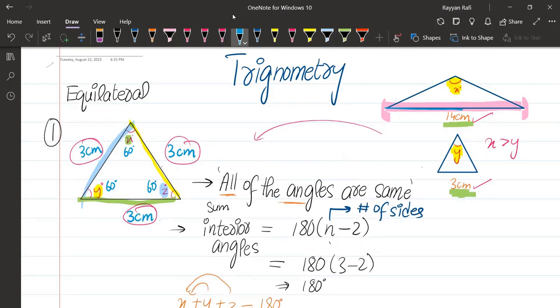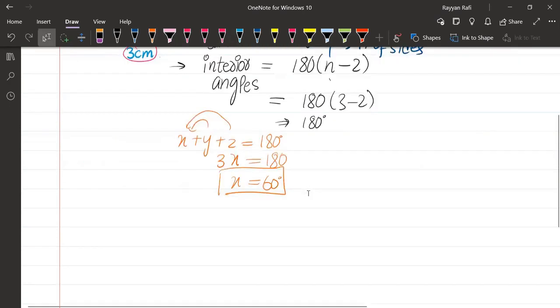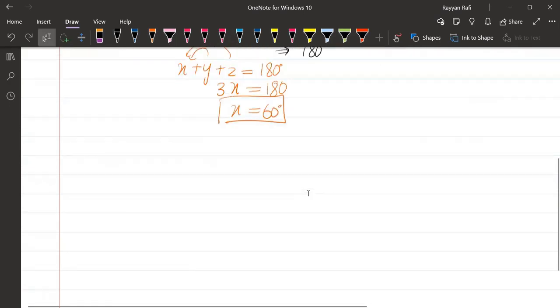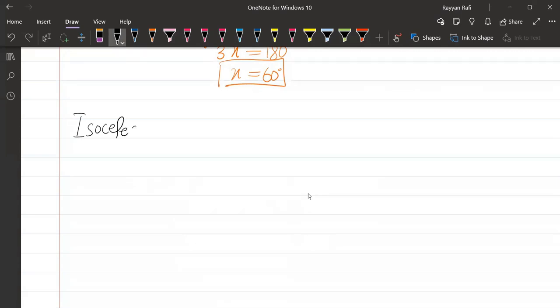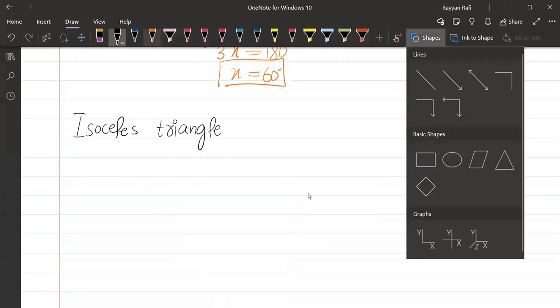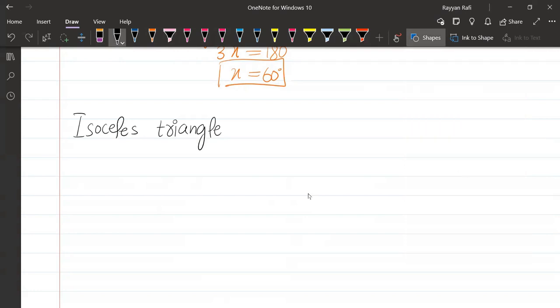Now, moving on, the second triangle that we will be learning about is called the isosceles triangle. Isosceles triangles have some similar properties to the equilateral triangle, and that will be about the sides. Now, in the isosceles triangle, let me just bring out the shape first.